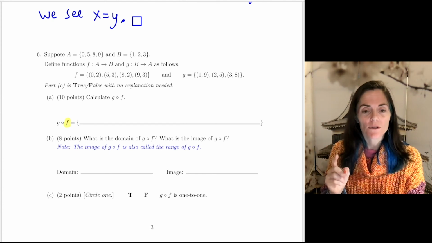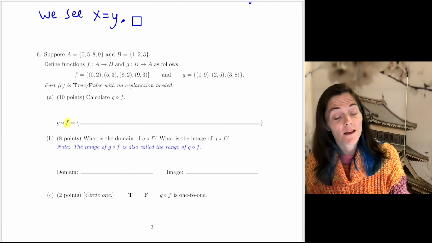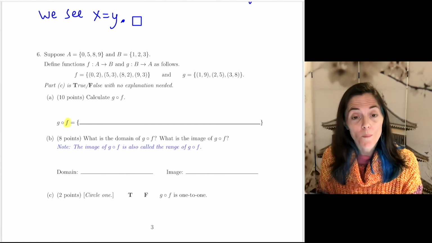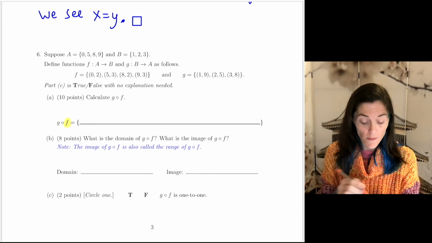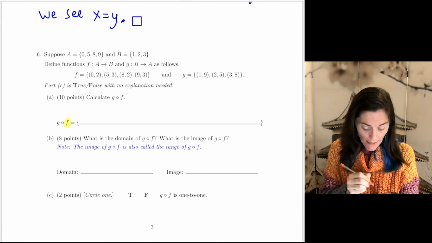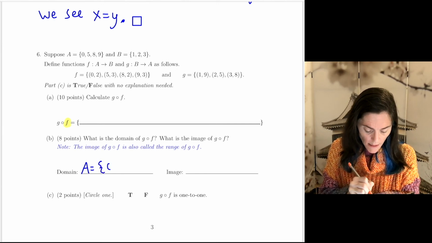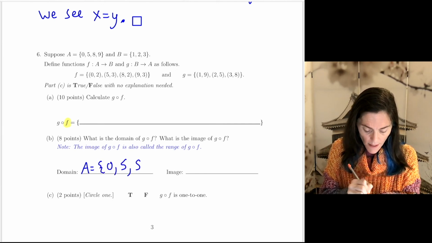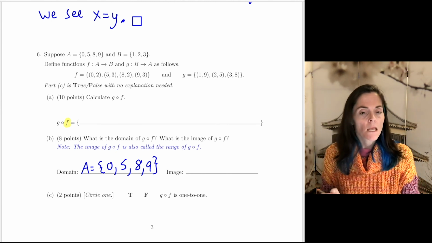So it's important to understand that in g compose f, f is happening first. And in particular, I can go ahead and answer some things: the domain of g compose f is always the same as the domain of f. So I can write that down. The domain would be A, which is the set 0, 5, 8, and 9, without a doubt.